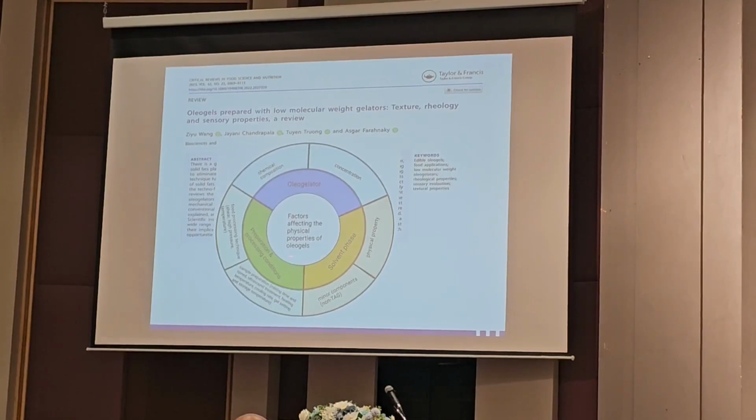Of course, we have other parameters that are also linked with concentration, chemical composition, and the way we produce them. But those are the main parameters: the gelator, whether it is a single, binary or tertiary gelator system, the solvent phase, which is the oil type, and also the way we process and prepare.